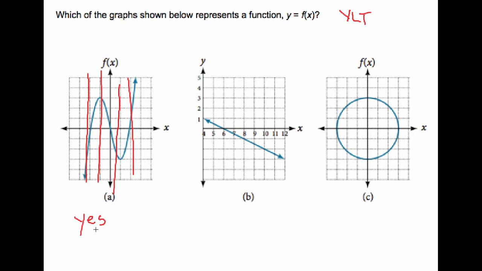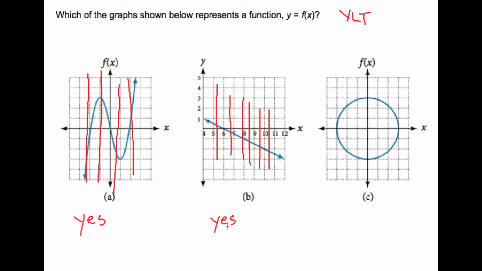Look at the second graph. As we sketch vertical lines, again, notice no matter where we sketch the vertical lines, it would intersect the graph only once. So each input is assigned only one output. This is the graph of a function.